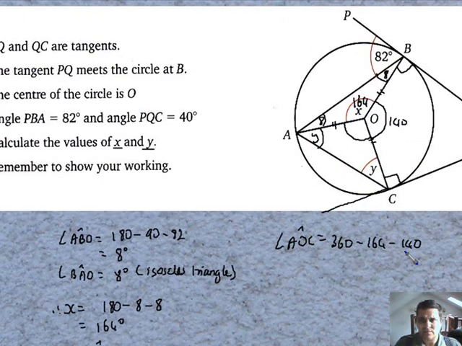Did I say 180? Sorry, take away 140. At least I wrote it right. So 360, take away 164, take away the 140, and I have 56 degrees.